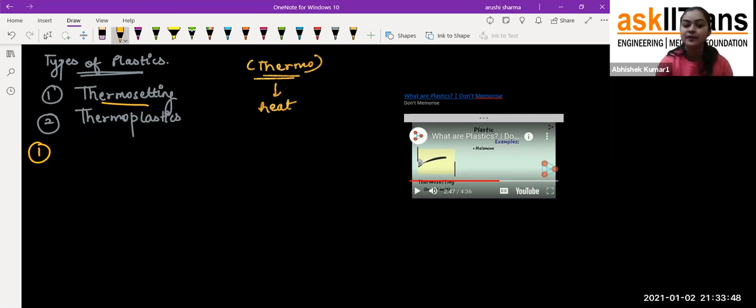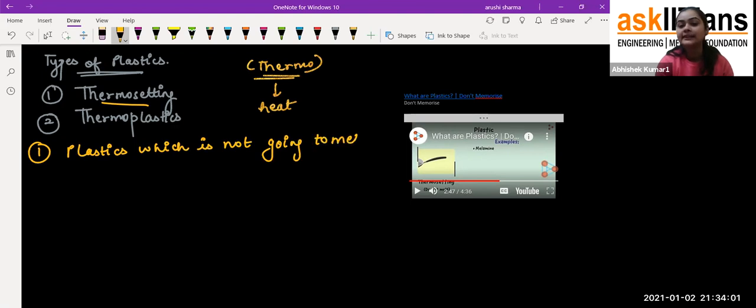It is a type of plastic which is not going to melt easily, or over time it is not going to melt. It is not that soft that by giving some heat it will be melted down. Such types of plastic are called thermosetting plastic.